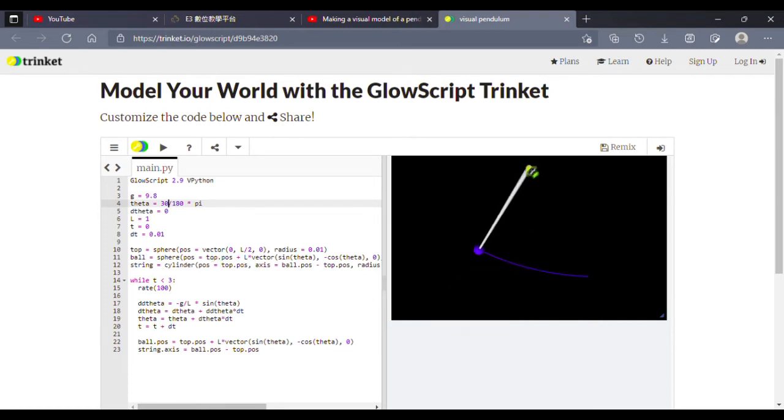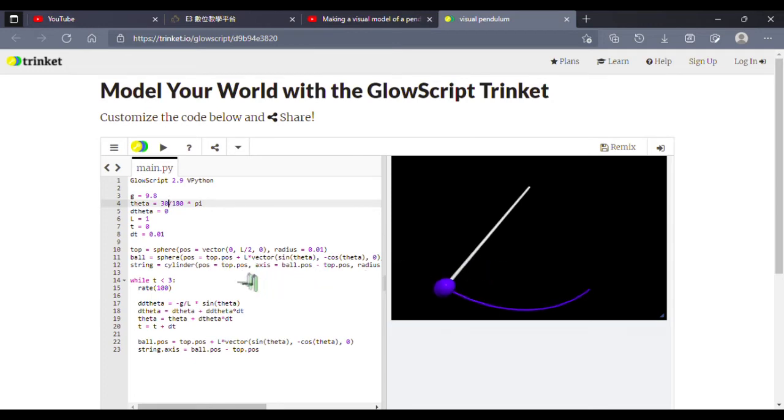This is a small sphere, and the position of the top is 0, L over 2, and 0, and we use that because we want to make the pendulum in the middle of the screen, and the radius of the sphere is 0.01.